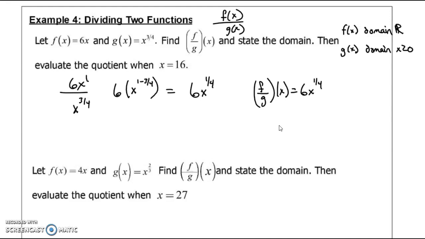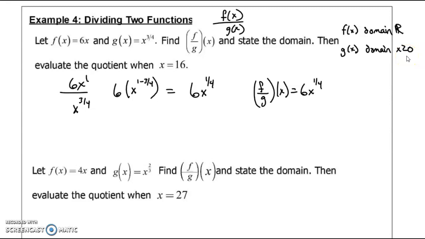But the other thing I also have to keep in mind is that I cannot have g of x be equal to 0 because it is on the bottom of the fraction. It's in the denominator. So I can't plug a 0 in down here. So not only is it that x can't be equal to 0 because that would be the domain for x to the 3/4, we also have to have it not be 0 at all.